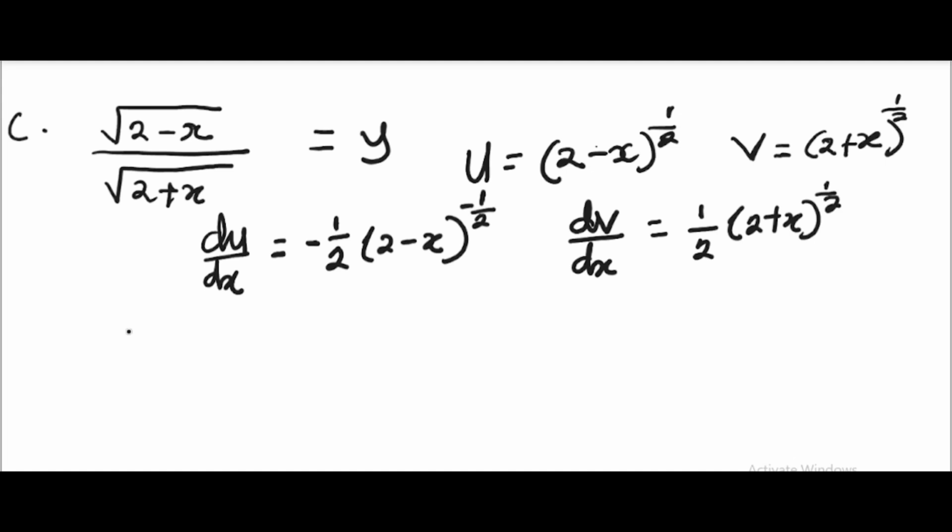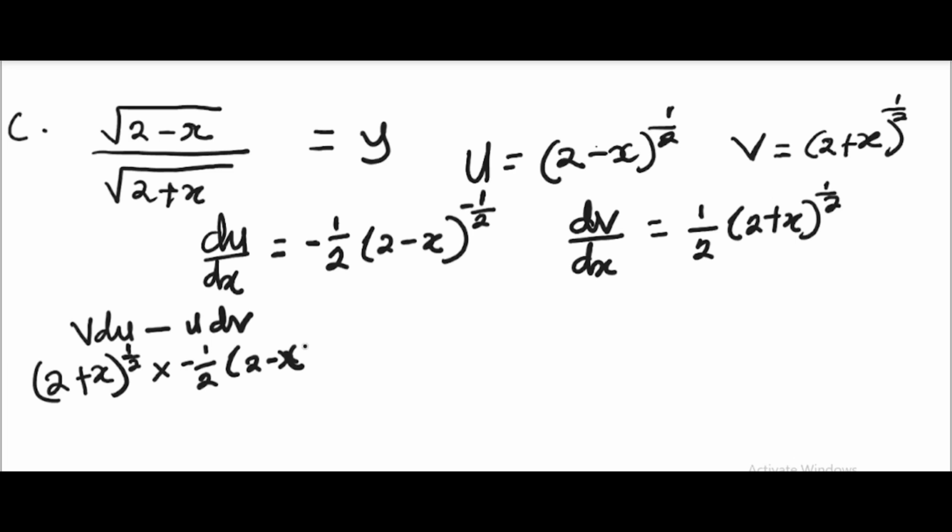Okay, so my v du minus u dv, let's deal with the numerator first. What's my v? My v is 2 plus x raised to the power of half, while my du is minus half 2 minus x raised to the power of minus half.